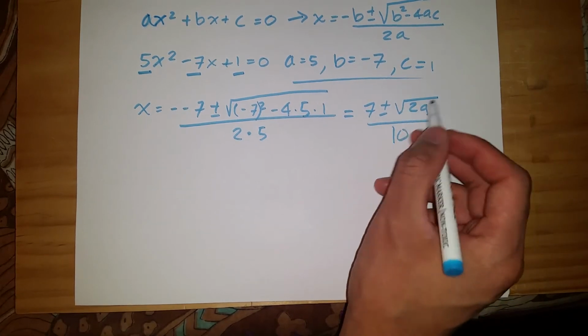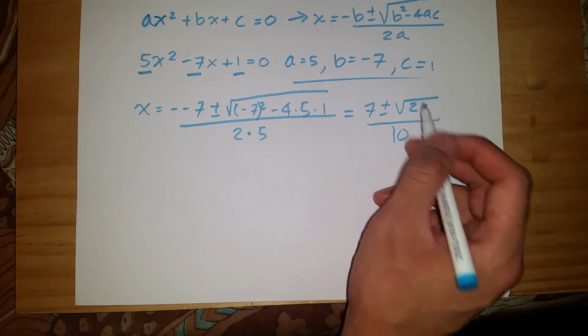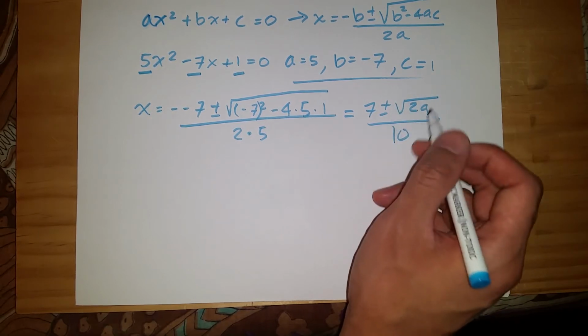So this right here cannot be broken down anymore, I don't think so, because 29 is a prime number.